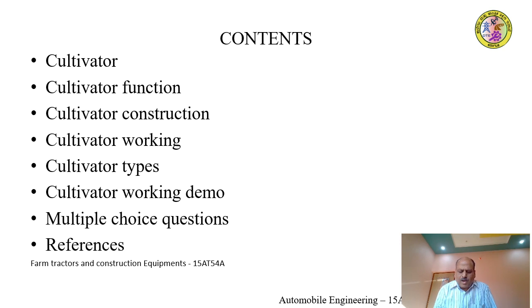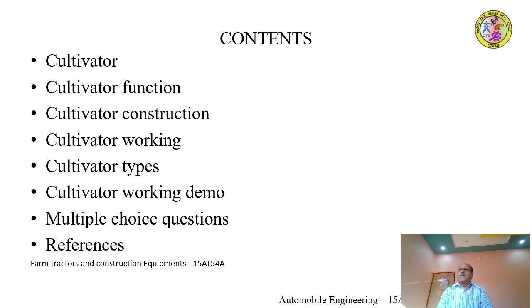Farming equipments. In the farming equipment, many equipments are there. Cultivator, already I have discussed briefly, and now we have to study that one in detail. We'll discuss after explaining this briefly. That is disc plow. Disc plow we discussed in the last session.